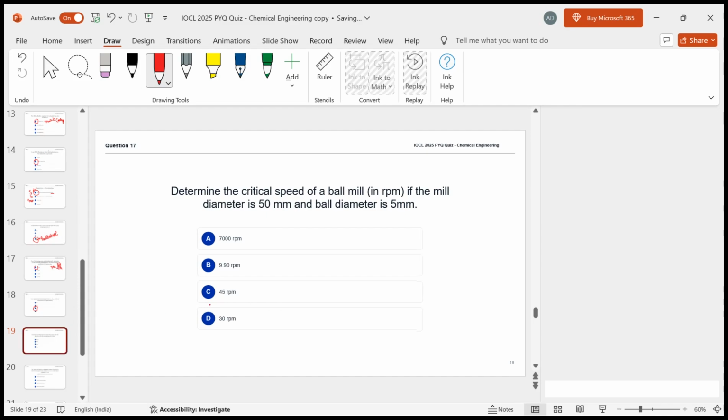Determine the critical speed of the ball mill if the diameter is 50 mm and the ball diameter is 5 mm. The formula for critical speed is 1 upon 2 pi root g upon (R minus r), where capital R is the radius of the ball mill and small r is the radius of the ball.